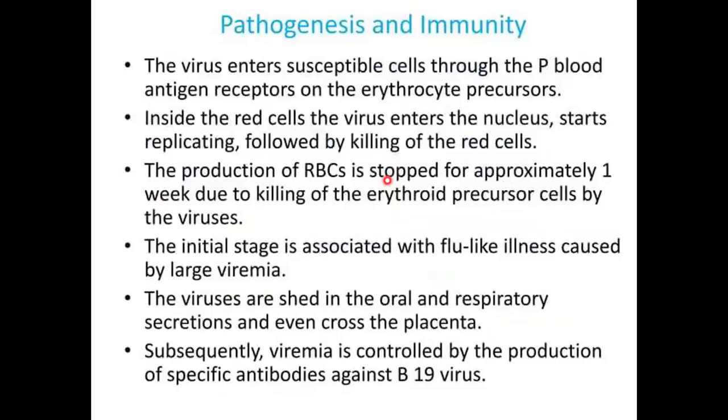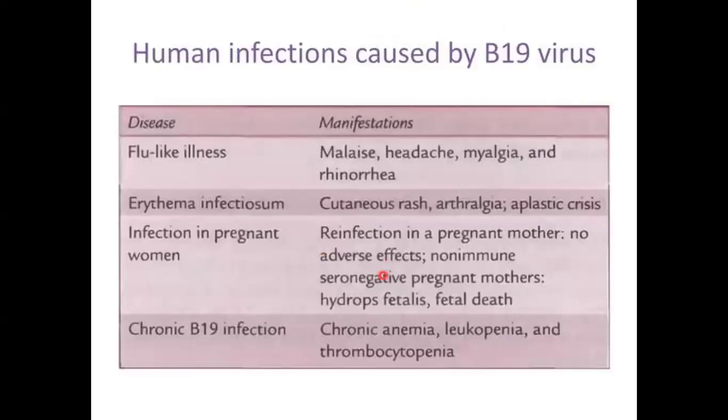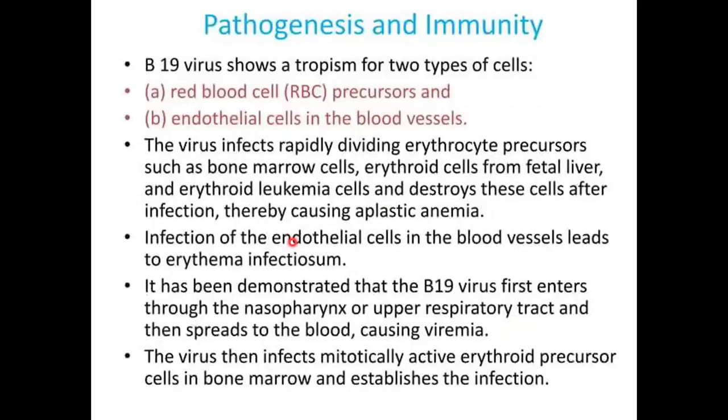As we continue, the viruses are shed into oral and respiratory secretions and even cross the placenta. One thing to note is that in pregnant women we can have hydrops fetalis, which can lead to fetal death. This happens when the virus in the mom's blood crosses the placenta.